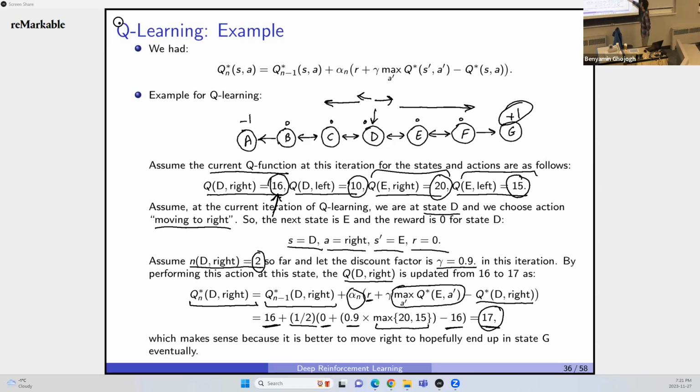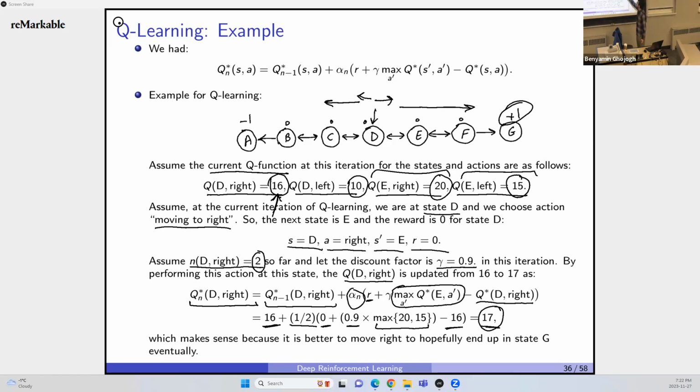So when I'm at D, argmax of Q(D, A) with respect to A. What actions do I have? Right, left. So which one is larger? Q(D, right) or Q(D, left)? Of course, after this convergence, Q(D, right) becomes larger. Then I go right. Now I'm in state E.